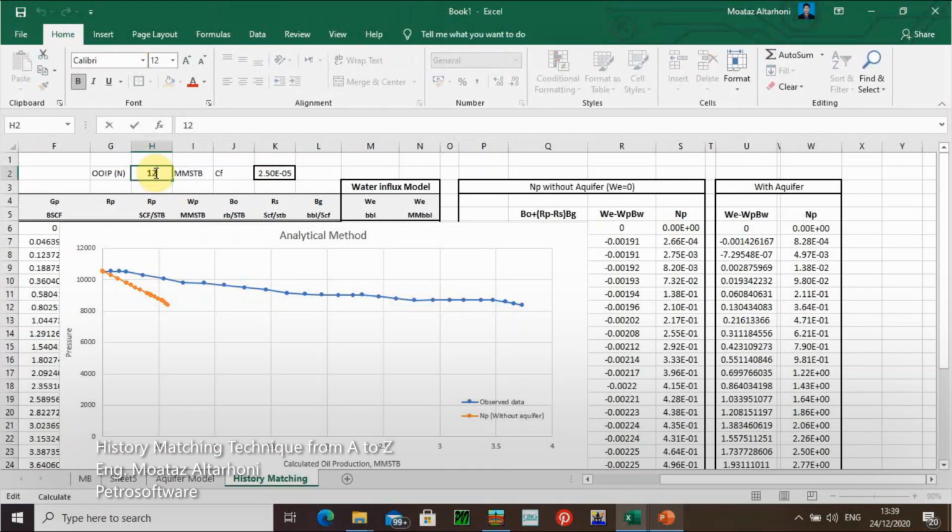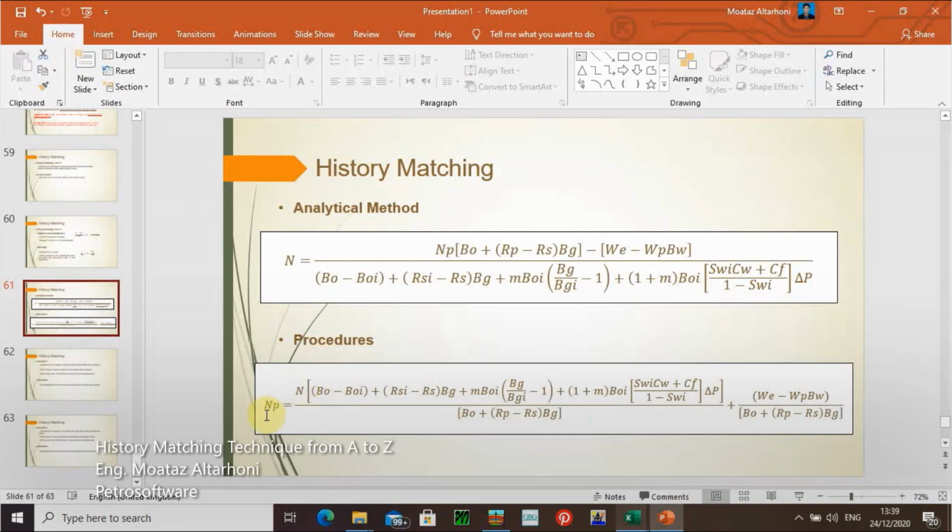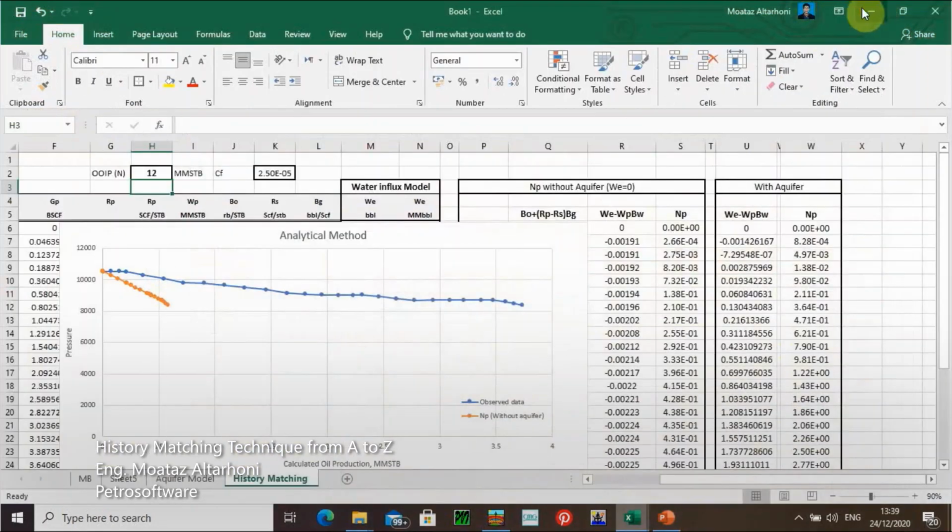That's the best value for me, about 10 million stock tank barrels, and I have rock compressibility and all of this information. Again, I will use the same equation to calculate the cumulative oil production, but add the water influx volume as I calculated in my aquifer model.